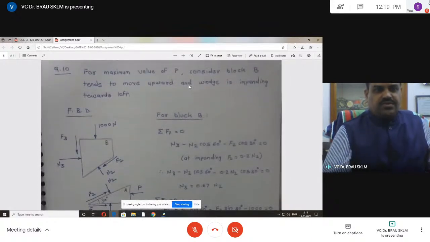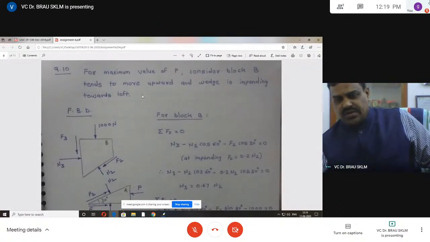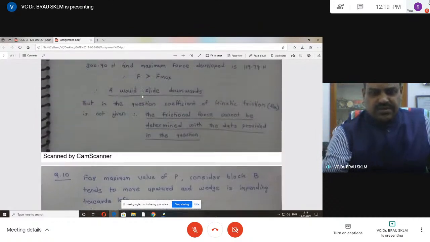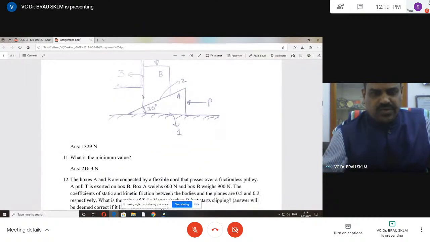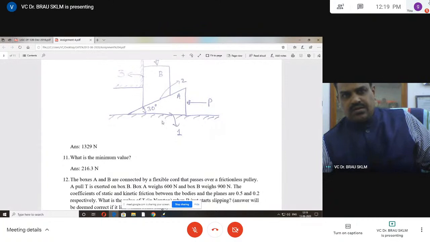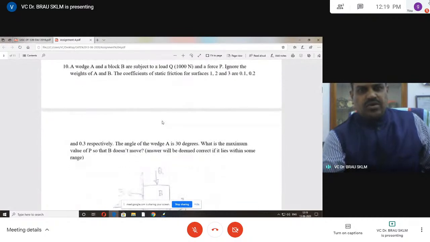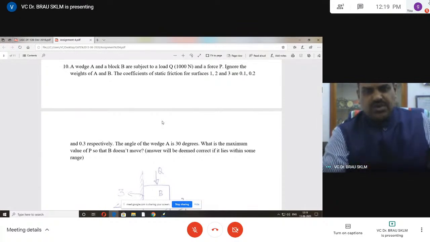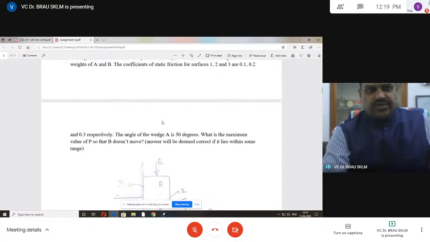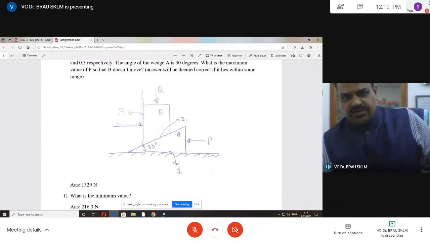Now let us see this problem. This type of problem you have not done previously, so once again go to the sketch. A wedge A and block B are subjected to a load of 1000 newtons and an unknown force P. Ignore the weights of A and B. The coefficients of friction are 0.1 between these two, 0.2 and 0.3.